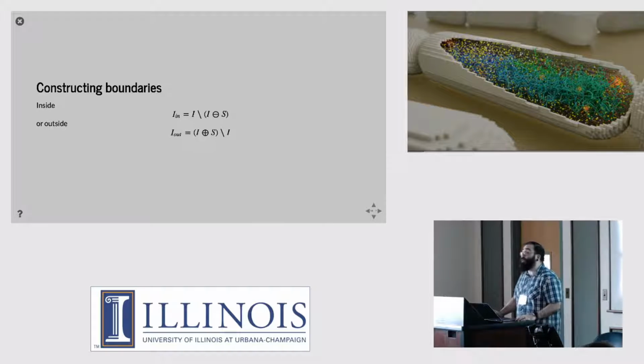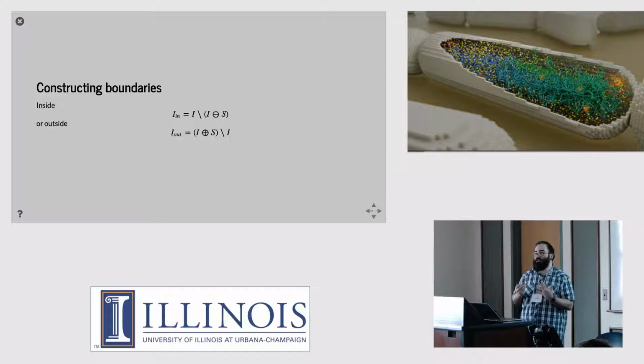All right, so the whole point of this was how do we build the membrane? The way that we build membranes with JLM is two ways. We can build the membrane outside the region, or we can build the membrane inside the region. So if we want it inside, we take the original object, so the capsule in this case, and then we do the set minus of the erosion.